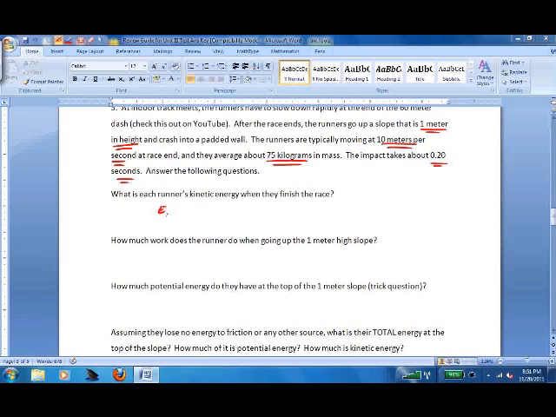The kinetic energy is 1/2 mass, 75 kilograms, times their velocity, 10 meters per second, squared. So if I'm not mistaken, that's 375 joules of energy. So how much work does the runner do when going up the 1 meter slope? Well, that's the potential energy.